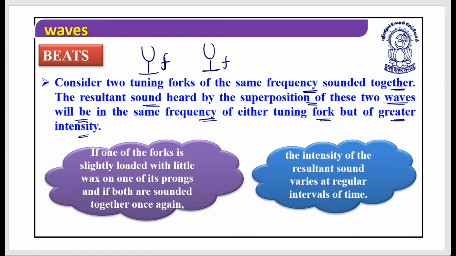So if one of the forks is slightly loaded with a little wax on one of its prongs, and both are sounded together once again, then the intensity of the resultant sound varies at regular intervals of time.